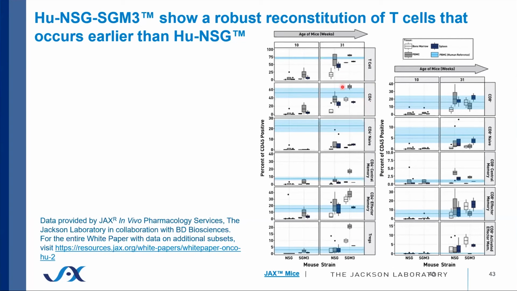So we're looking at CD4 cells, further immunophenotyped into naive CD4, central memory, effector memory, and Tregs. Okay, and as well, the CD8 naive and all of those memory subsets as well. You tend to see more in the SGM3, but remember what I said about the donor dependence. The differences from donor to donor can be more or less pronounced depending on the donor.